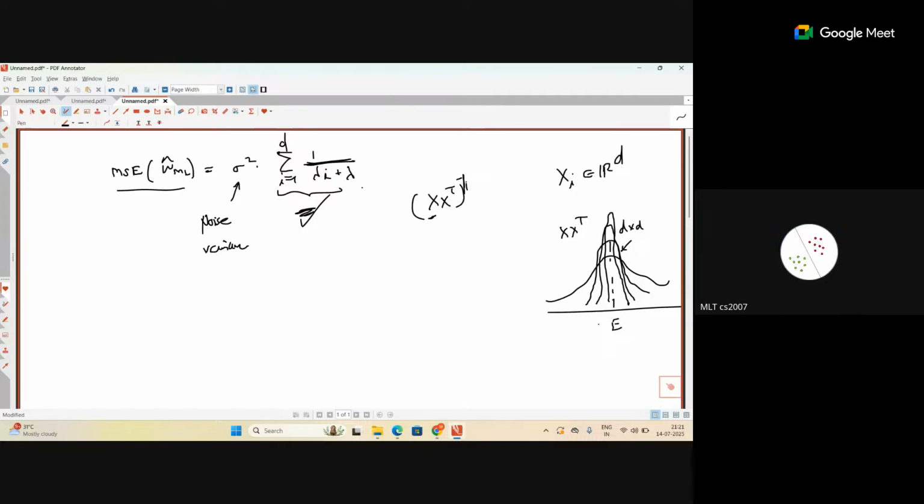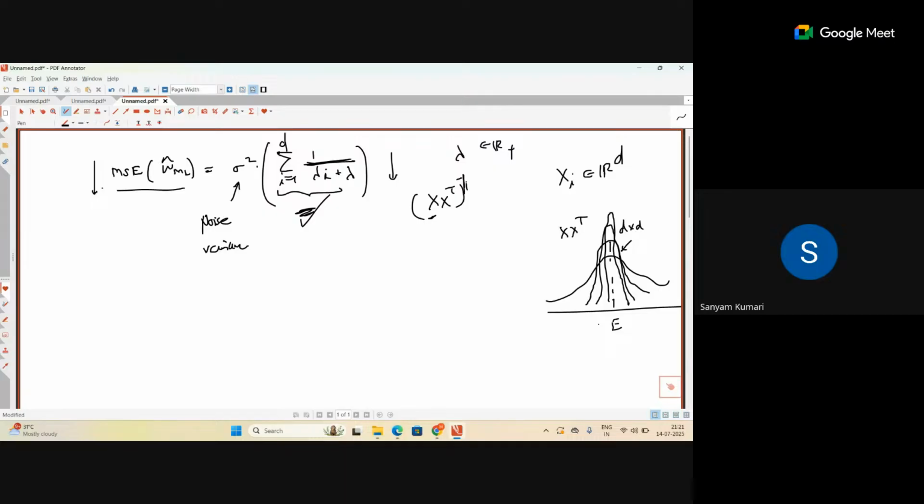Here, if I put some lambda, or any other constant which is a positive real number, what will happen then? This will decrease, and eventually the product will reduce. So what is happening now? My variance is going lesser, right?